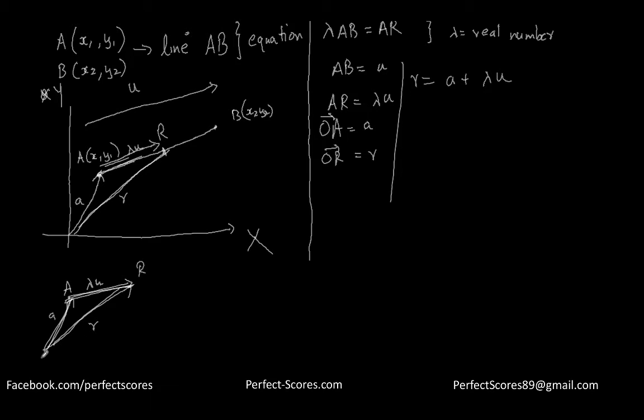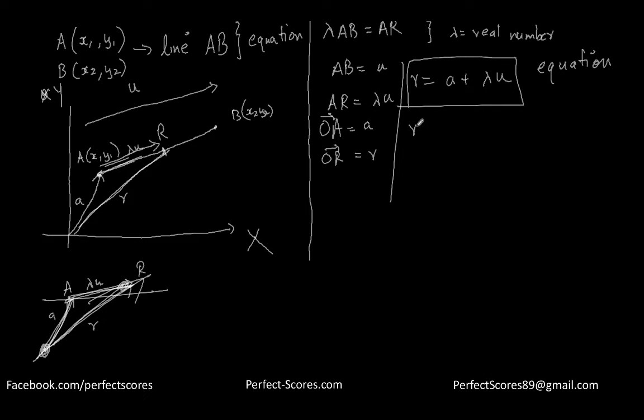If I think in terms of displacement, if I'm standing here and I want to reach here, either I can go directly like this or I can go like this and like this. So R is equal to A plus lambda u, and this gives us the equation of the line. This gives us a method to define any point R on the line AB.